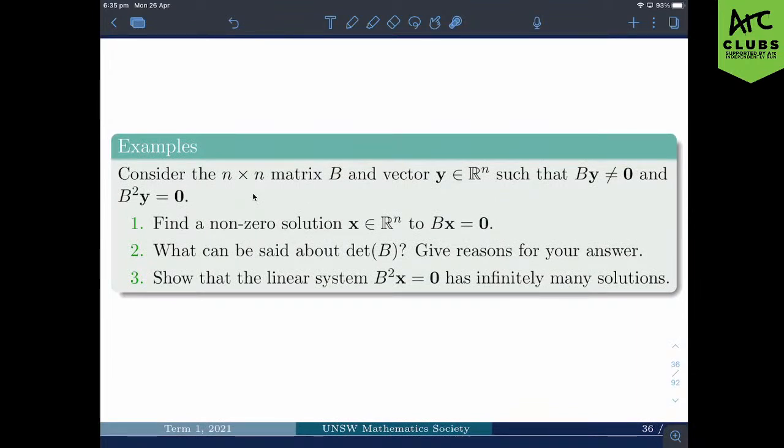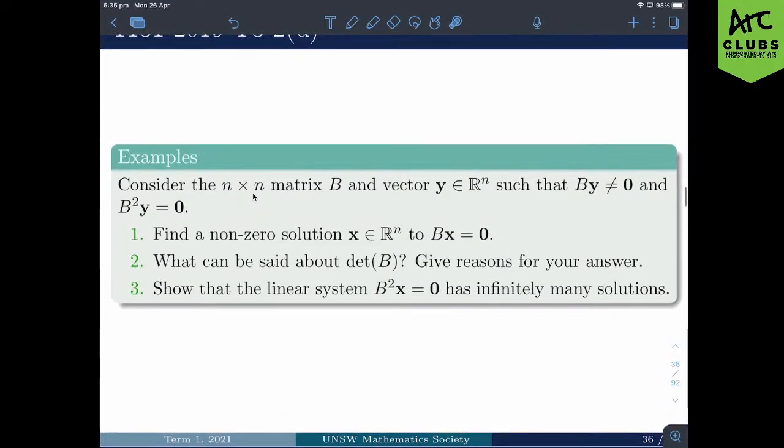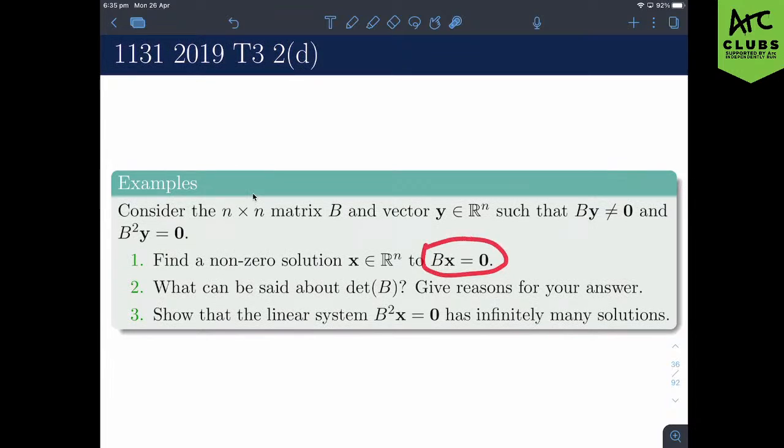So we want to consider the n by n matrix B and a vector y such that By is non-zero and B squared y is 0. And we want to find a non-zero solution to this system.